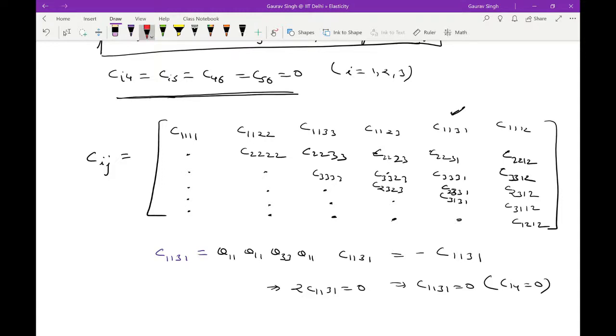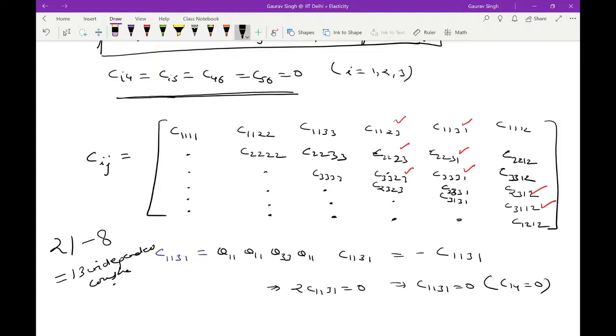Let's put a mark. 1 4 is this one, then 1 5, 2 5, 3 5, 4 6 is this one, 5 6 is this one. So out of 21 independent constants, we have 8 of them as 0, so we are left with 13 independent constants.